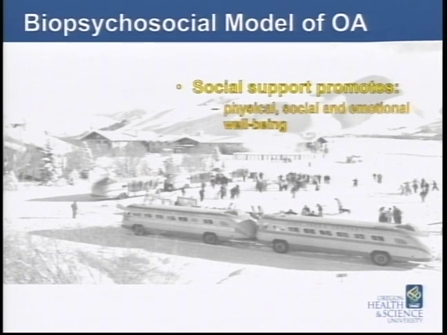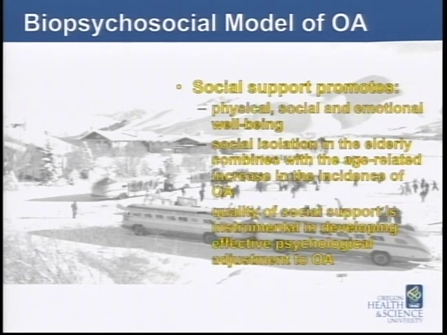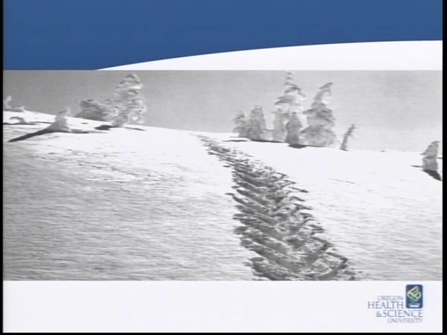And then social support can promote a lot of things: physical, social, emotional well-being. And again, if we think about who gets osteoarthritis more frequently, it's our older population, it's wear and tear. And that social isolation in the elderly kind of combines with this age-related increase. So the quality of social support tends to be very, very important in how we treat osteoarthritis.